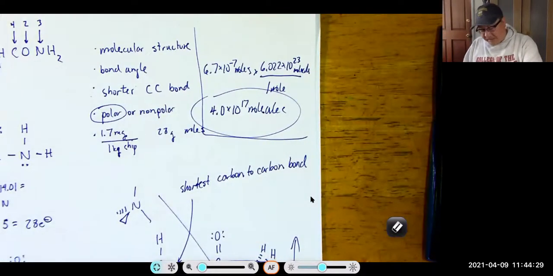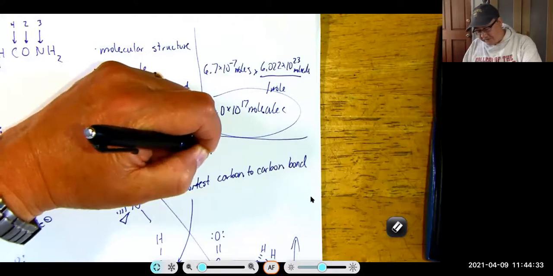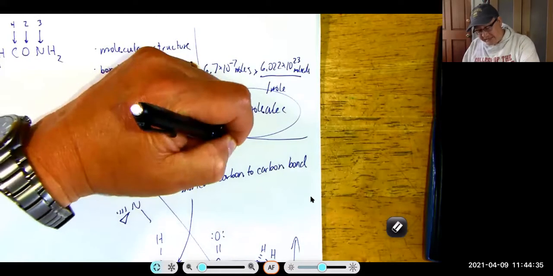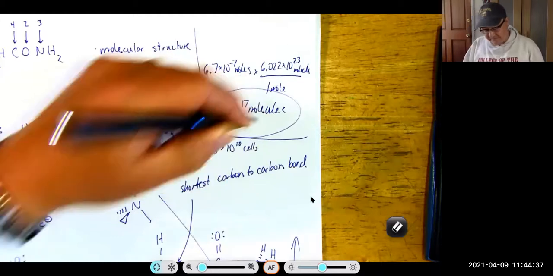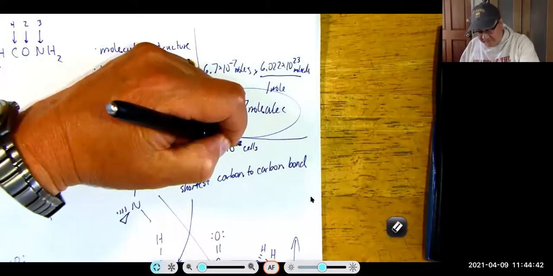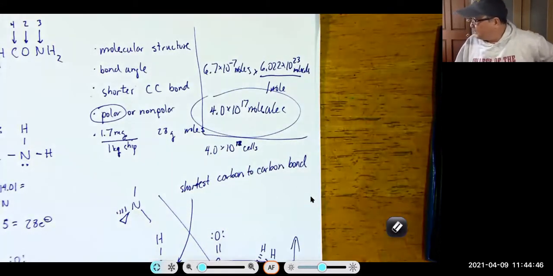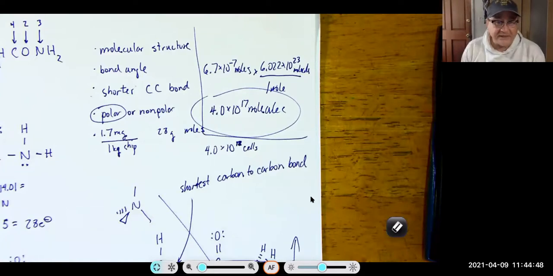And I think I read somewhere that you have maybe 4.0 times 10 to the 10 cells in your body. Or maybe it's 10 to the 12. 10 to the 12 would be trillion. So you got 4 trillion cells in your body.